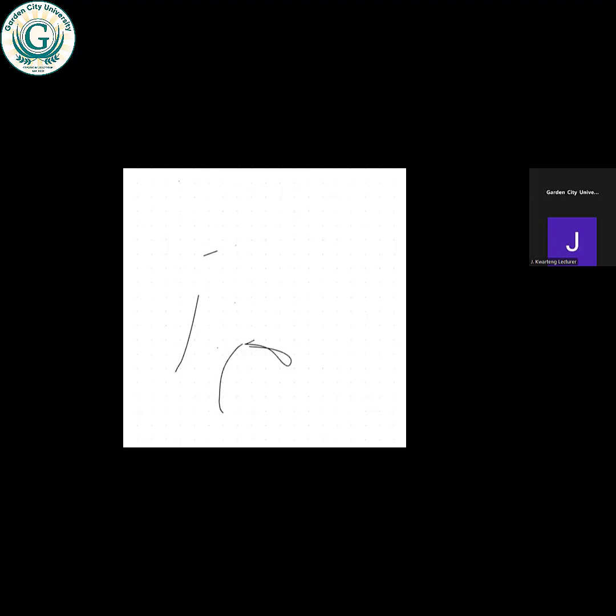Then there are those with 4 carbon atoms. We call them tetrose. We call them tetrose sugar.